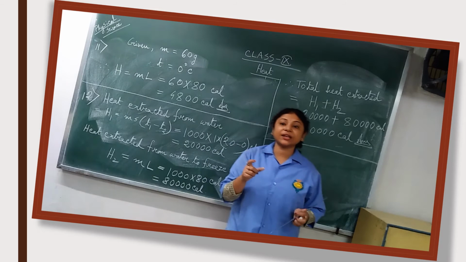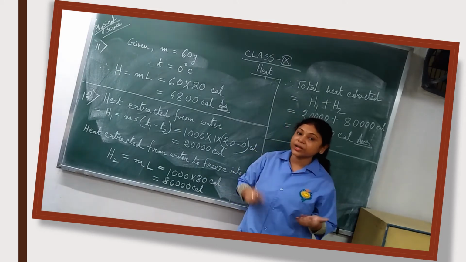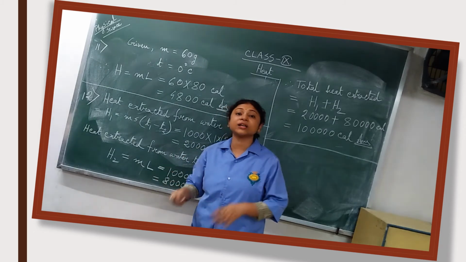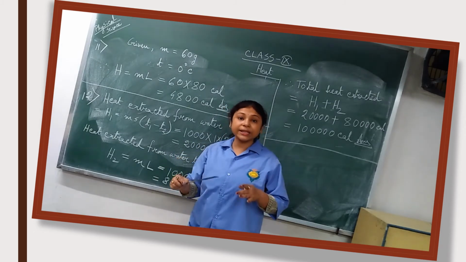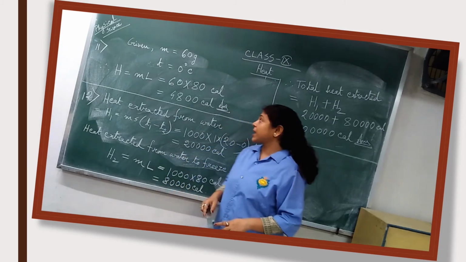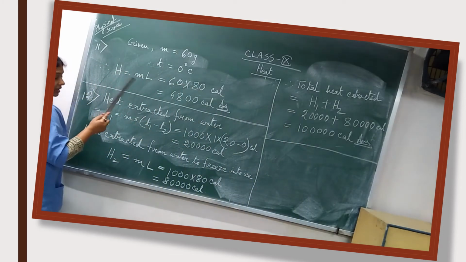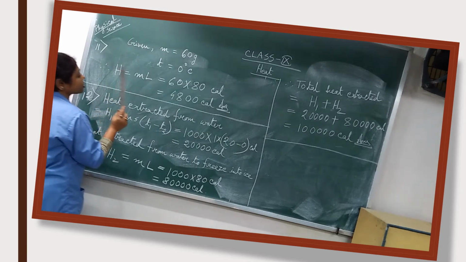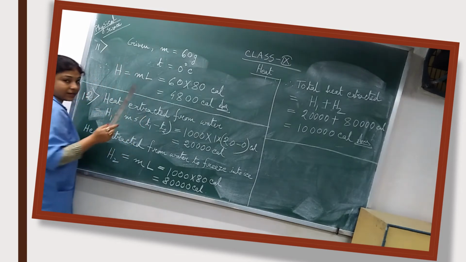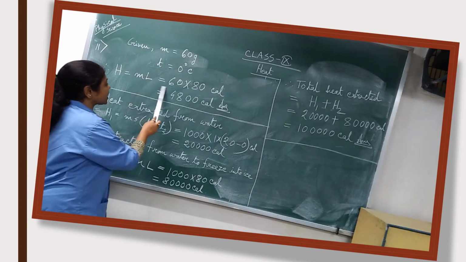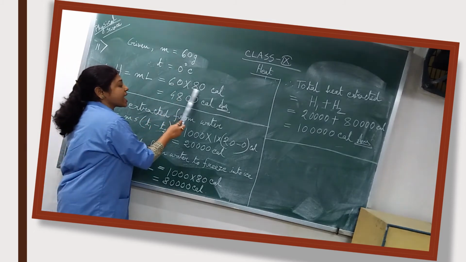So 80 calorie per gram, this is at 0 degrees Celsius, ice, and at 0 degrees Celsius, water's latent heat in CGS unit. Okay, so that means heat required is equal to M into L. L means latent heat of ice. Okay, so M is 60 into 80 calorie.